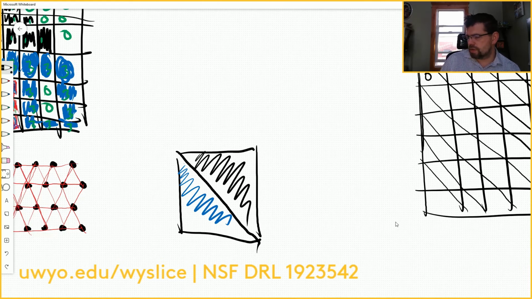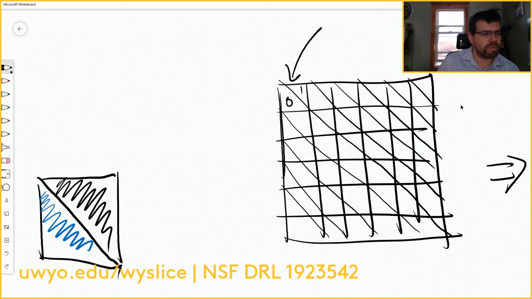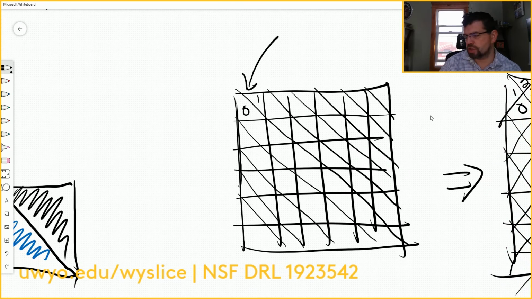This would actually follow a pretty nice encoding as long as I knew which way the diagonals were going. I could actually do the exact same process I did before.